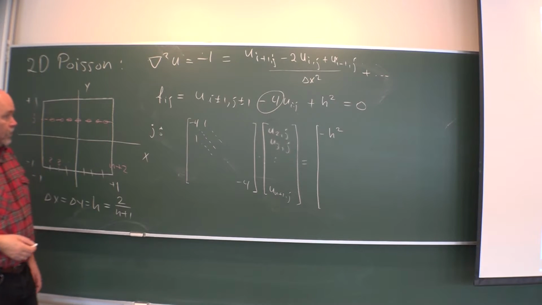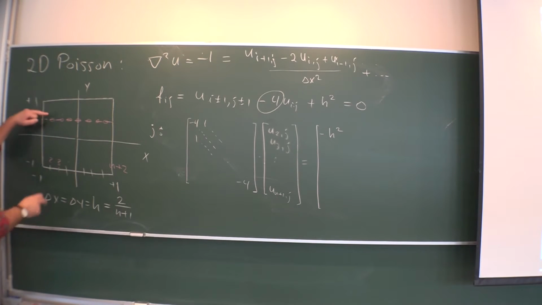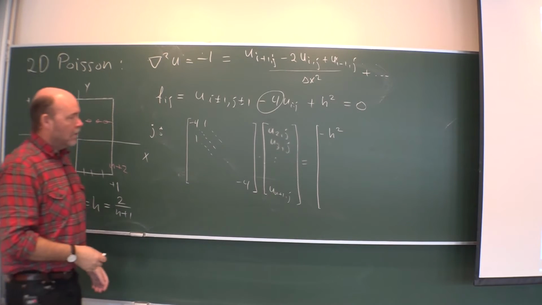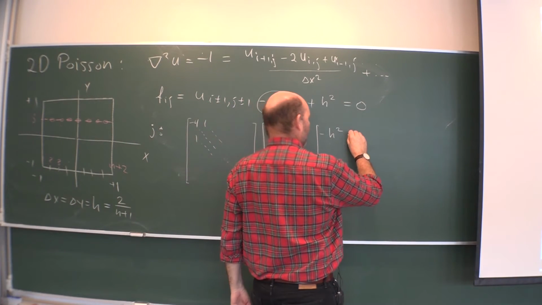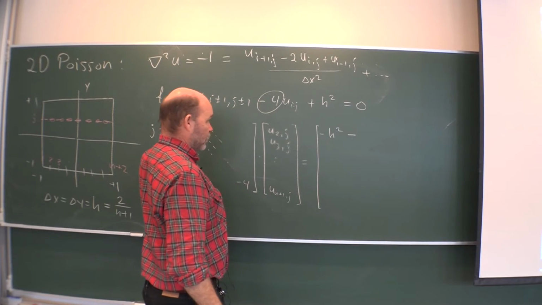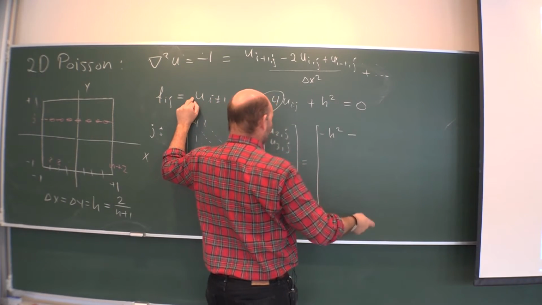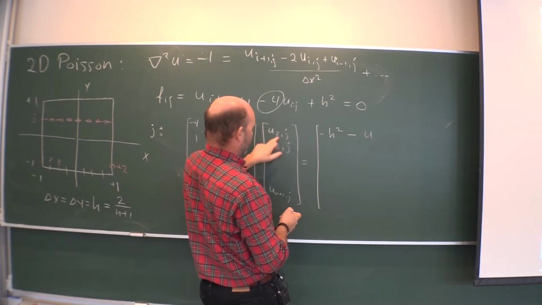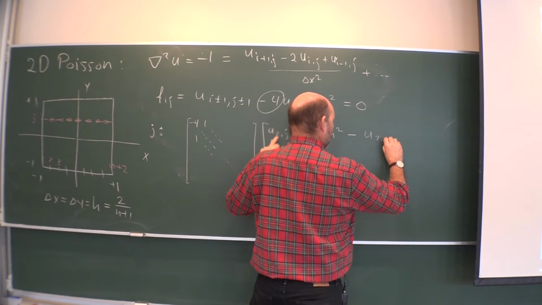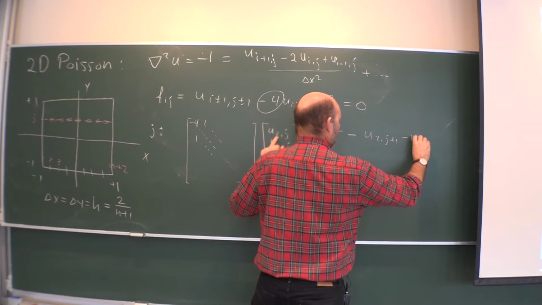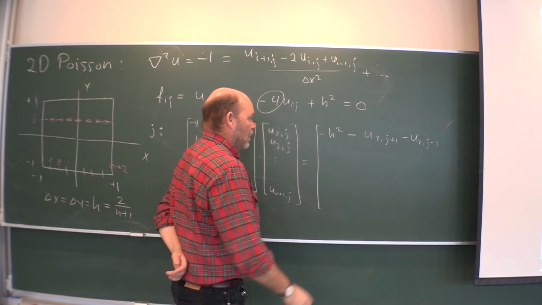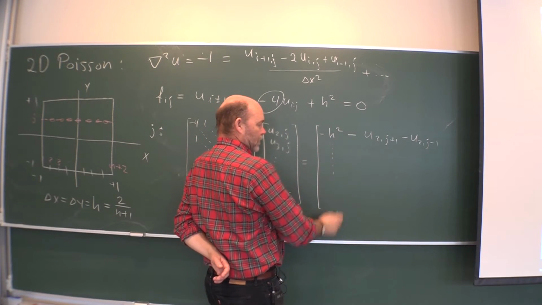Well, for the first one, I'm then going to need these two guys. They are now going to be treated as knowns. Throw them on the other side. So here I will now have minus. Here it was plus, so on the other side it will be minus. And then I need u2,j plus 1, and then u2,j minus 1. And so on all the way for all of them.